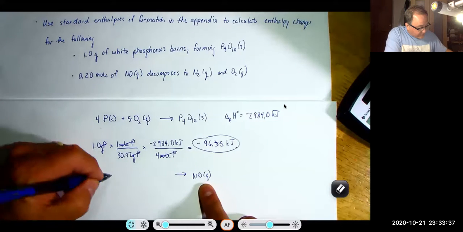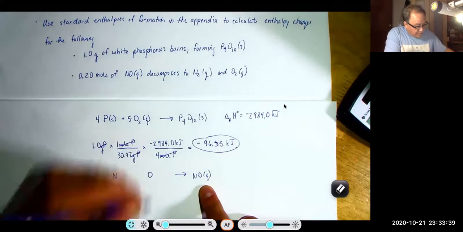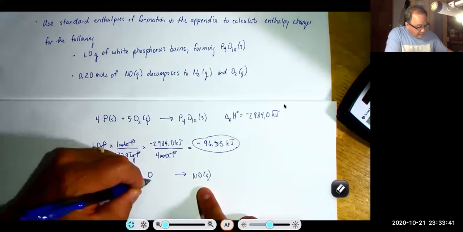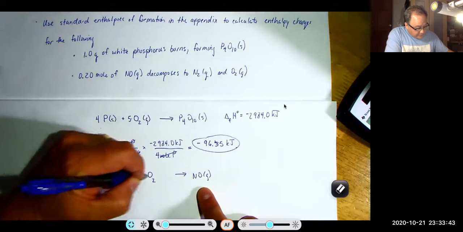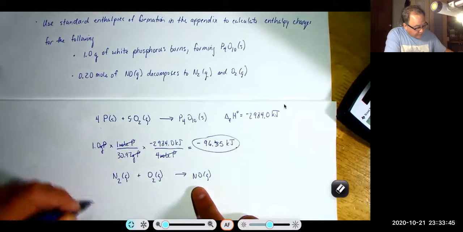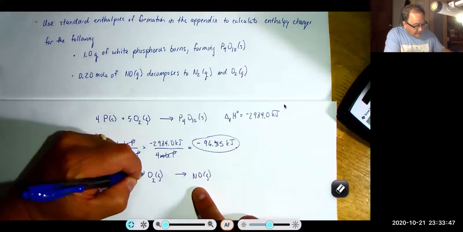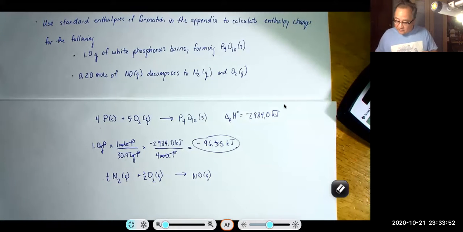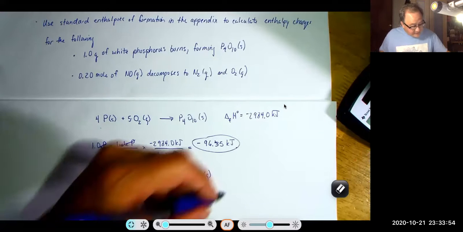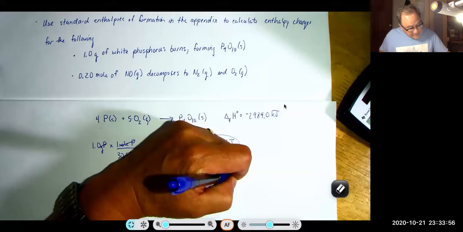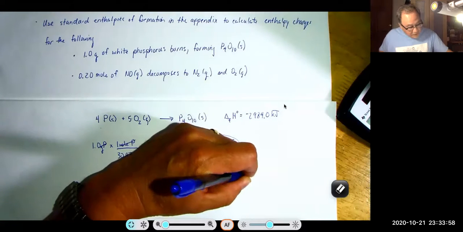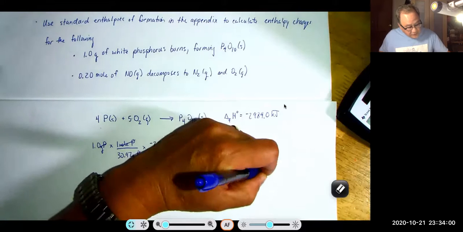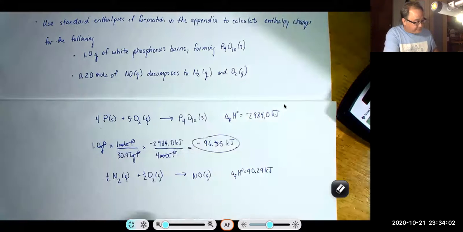It's made out of nitrogen and oxygen. They're both Hunkelbriefs. They're both gases at room temperature. And to balance this, I'm going to have to put a 1/2 here and a 1/2 here. And when I look up this reaction in the back of the book for NO gas, it's 90.29 kilojoules per mole of reaction.